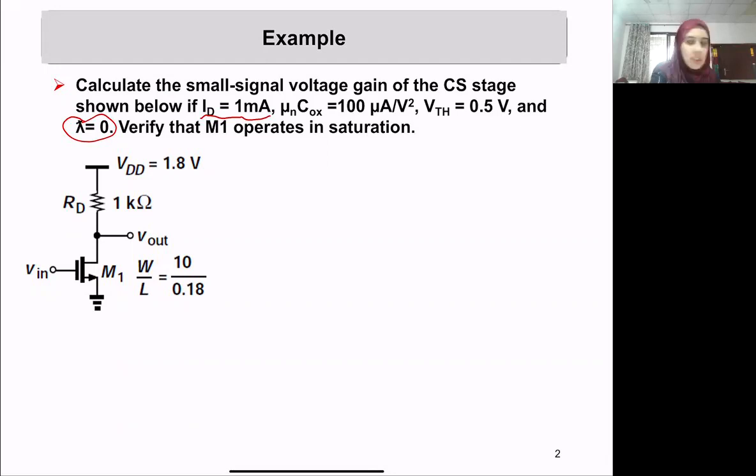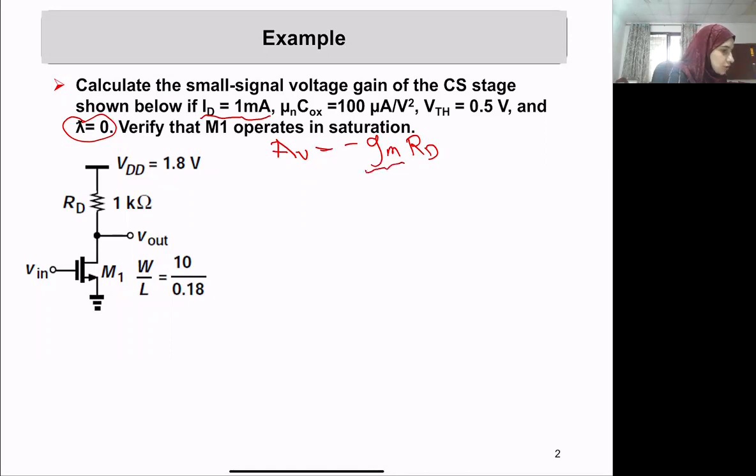And then after that, we need to make sure that our transistor is in the saturation region. So the first thing is that we remember that the gain of a common source amplifier is equal to Gm times RD. We know the value for RD here, and we need to find Gm.